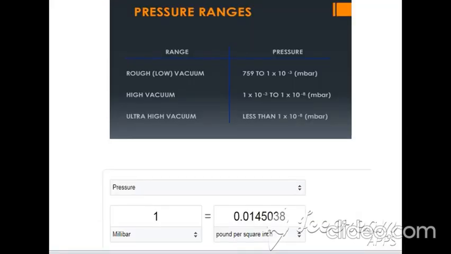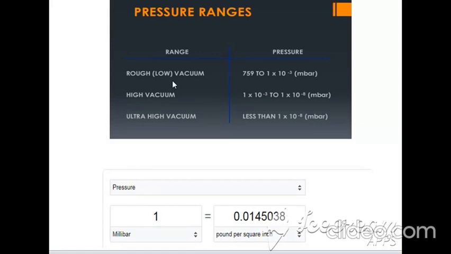Now we will talk about the pressure ranges of a vacuum. In this table two things are indicated, which are range and pressure. If we go below atmospheric pressure, then we attain different levels of vacuum.